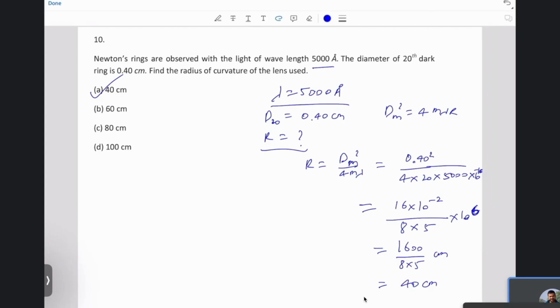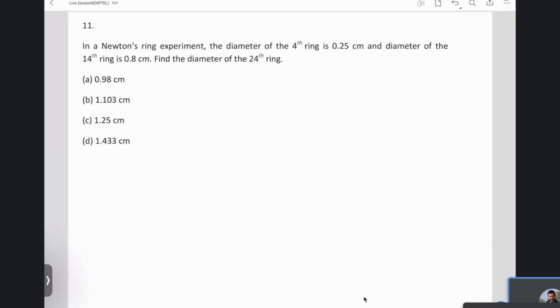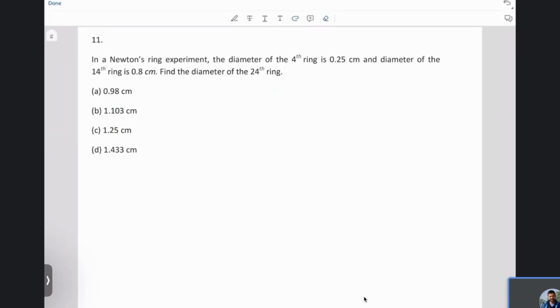Thank you. Now the last problem of today's session. So here, in a Newton's ring experiment, the diameter of the fourth ring is 0.25 centimeter.